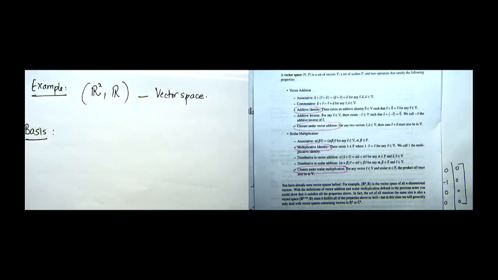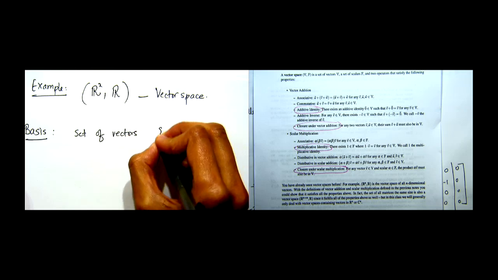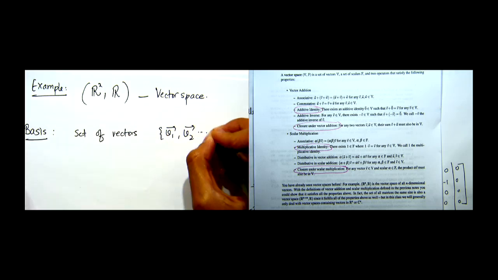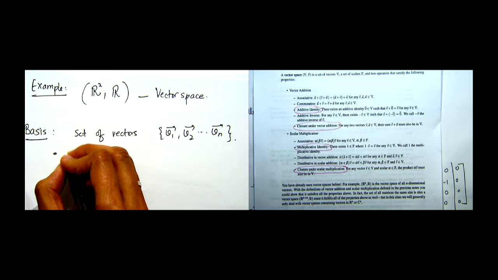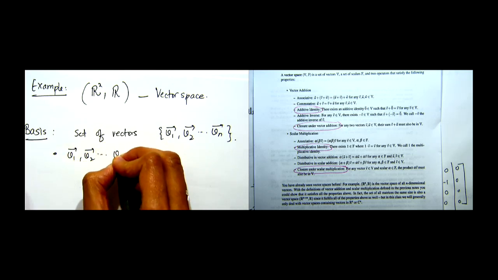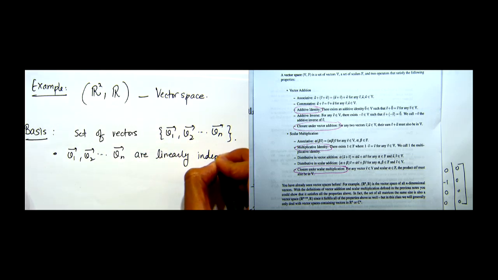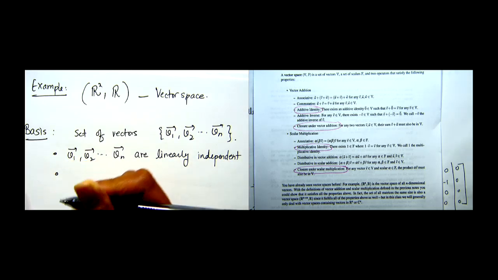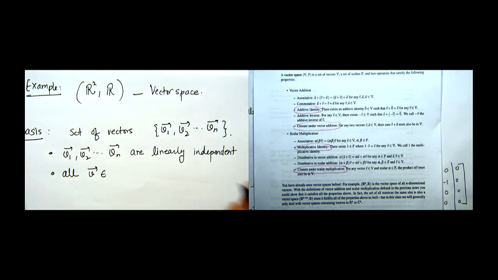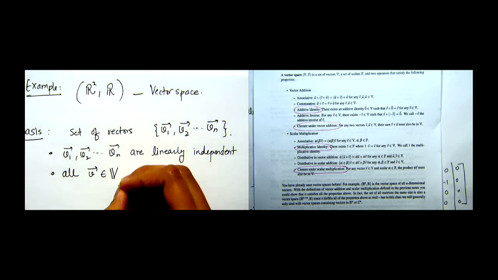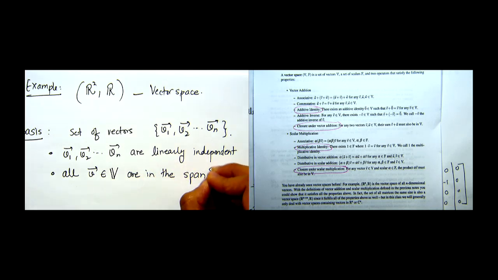A basis for a vector space is a set of vectors v1, v2, all the way up to vn, such that one, v1, v2, vn are linearly independent, and two, all v belonging to our vector space V are in the span of this set.